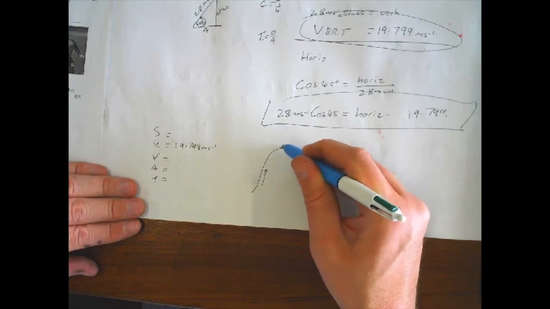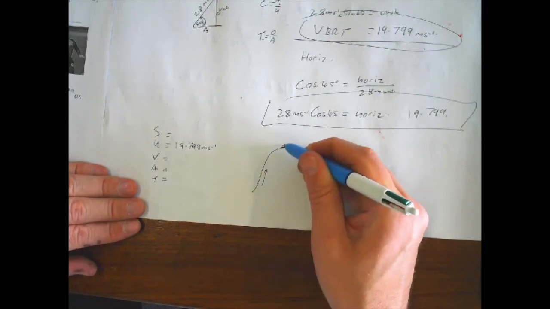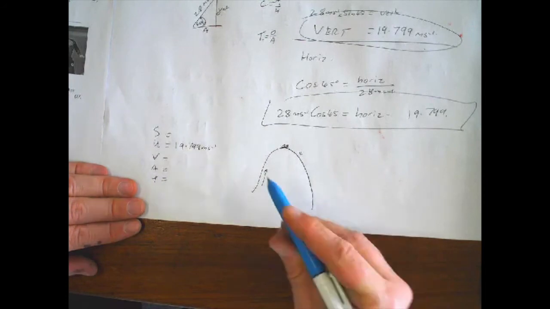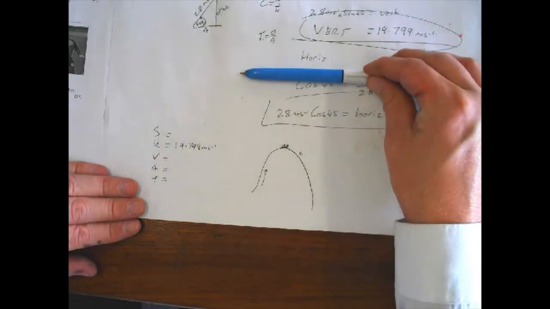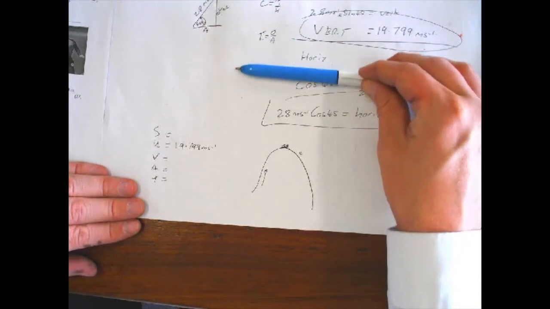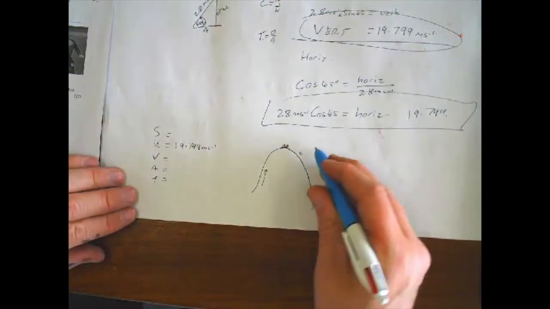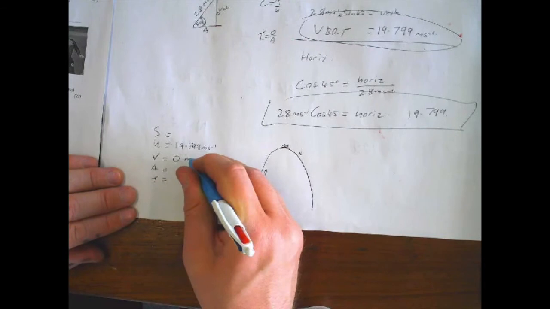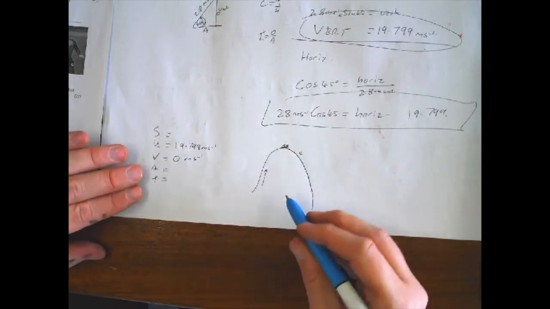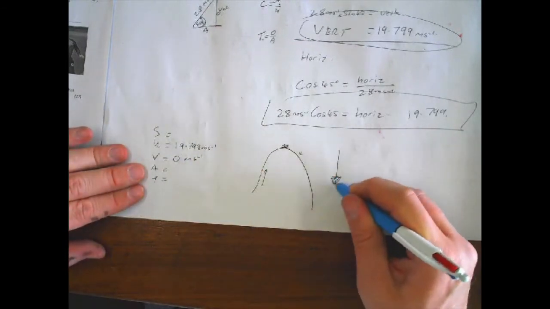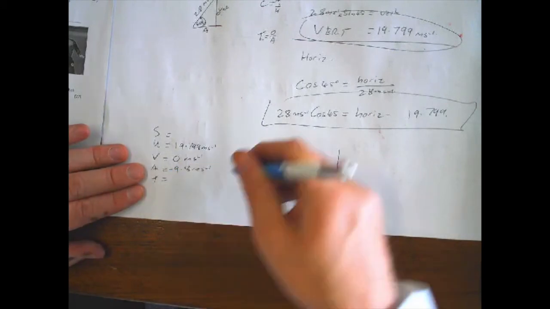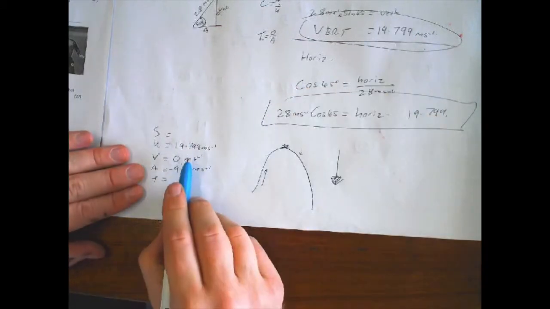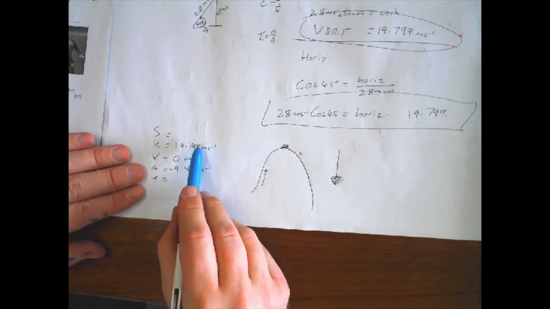But what we're looking for is the exact point where it stops going up and hasn't yet gone down again. If you freeze time at that moment, it isn't going down, it isn't going up, so its velocity in the vertical direction is 0 meters per second. Now we know that acceleration is going to pull things down with an acceleration of 9.8 meters per second squared, and that's negative because it's going down. So we've got most of what we need.